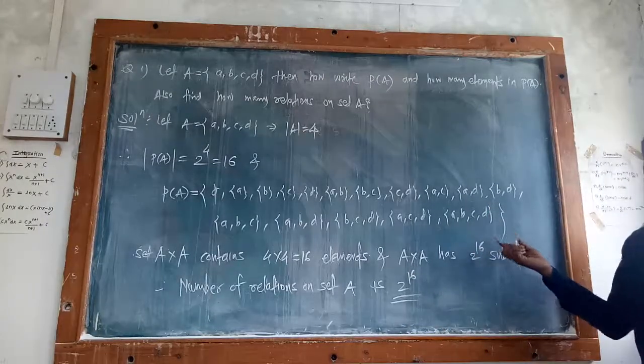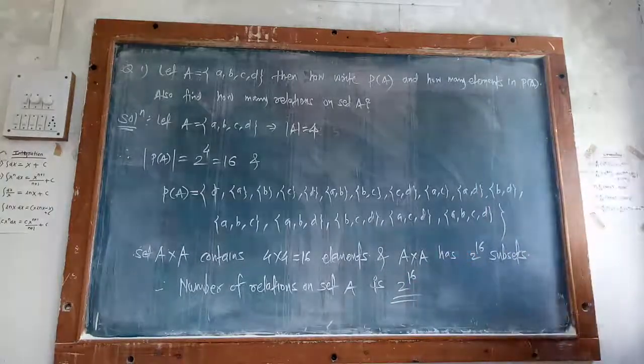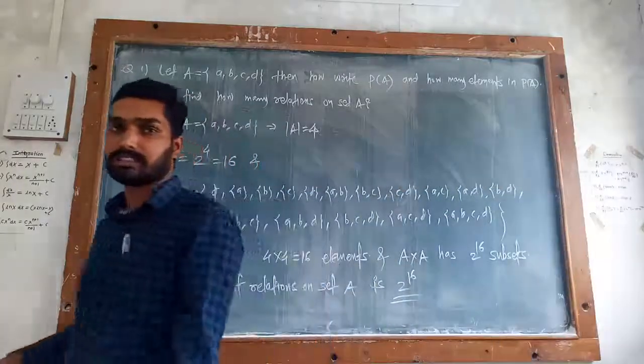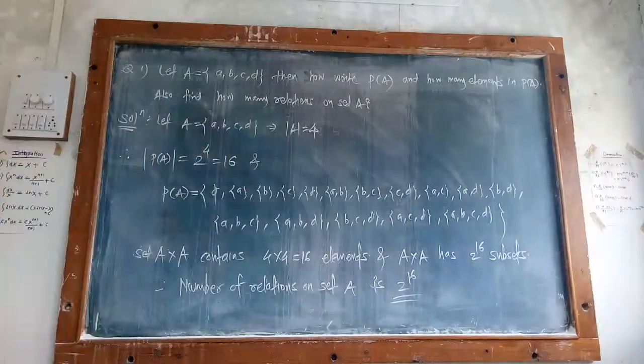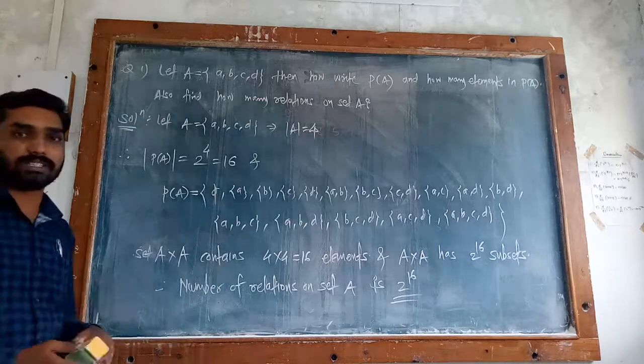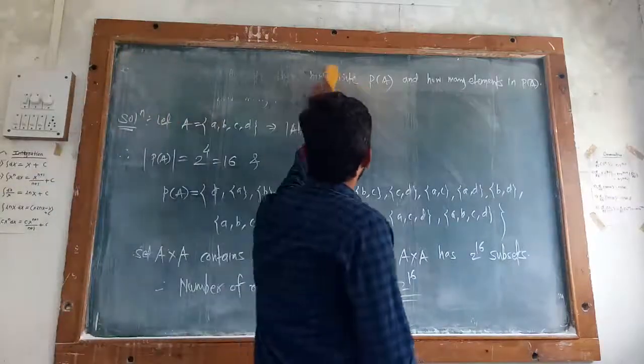That is 2 raised to 16 subsets. So there are 2 raised to 16 relations on set A. Okay, this is a very simple question. Next I am going to write a question that depends on equivalence relation. So that was the first question.